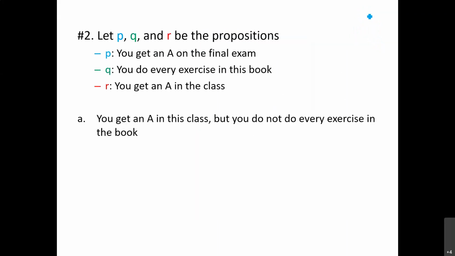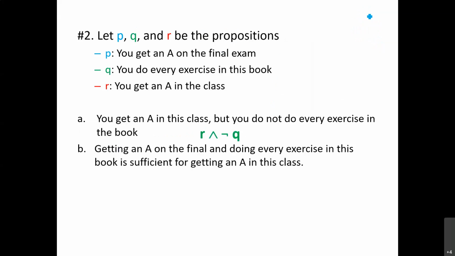Okay, so you get an A in this class, but you do not do every exercise in the book. R and not Q. Getting an A on the final and doing every exercise in this book is sufficient for getting an A in this class. Remember the sufficient and what's the other thing?